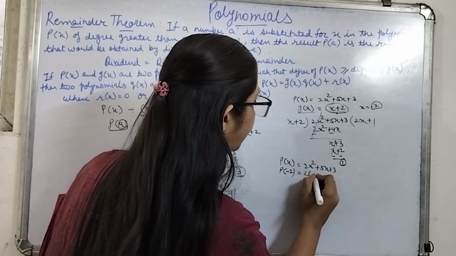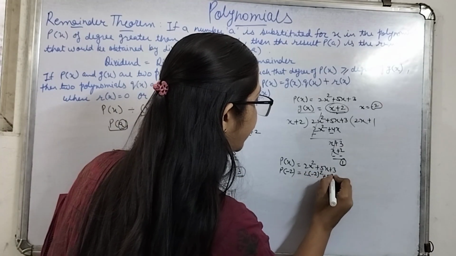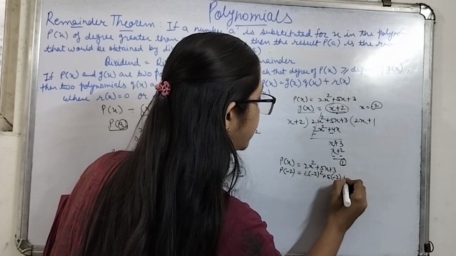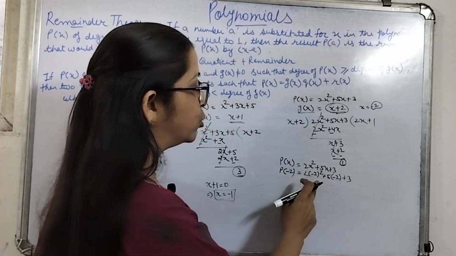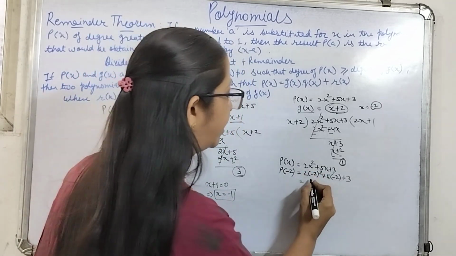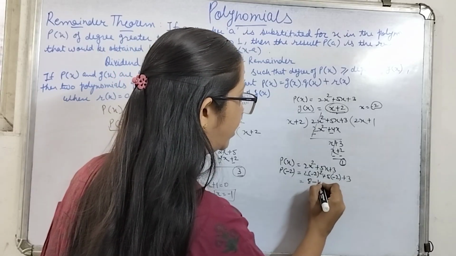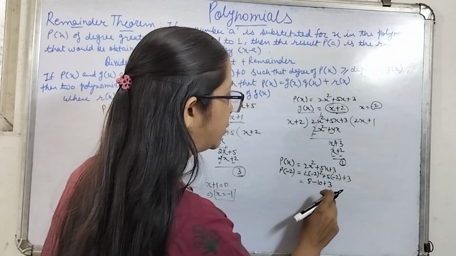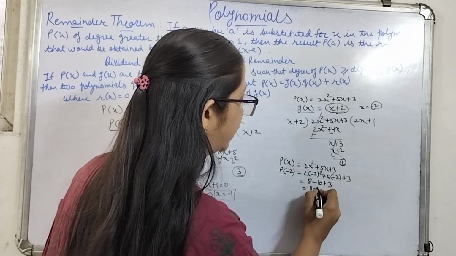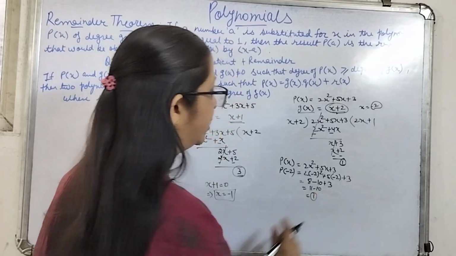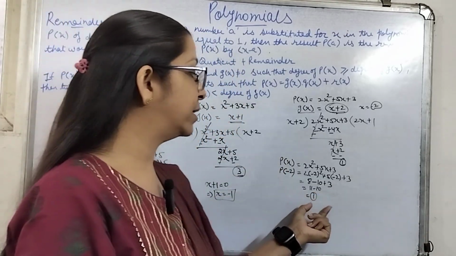So 2 multiplied by minus 2 whole squared plus 5 multiplied by minus 2 plus 3. Minus 2 squared will be plus 4. 4 multiplied by 2 will be 8. 5 multiplied by minus 2 will be minus 10, plus 3. 8 plus 3 is 11, minus 10, that is 1. So this is how we can get the remainder.